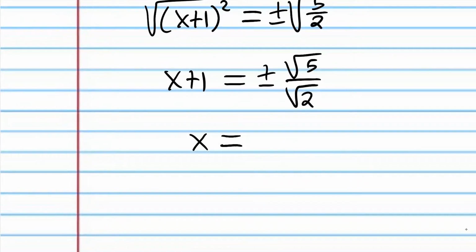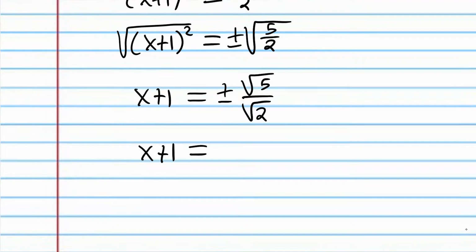So actually before we put the 1 on the other side, at this point we need to rationalize that denominator. Okay. And the way we do that is just multiply both sides by root 2, just like we did in the previous classes.